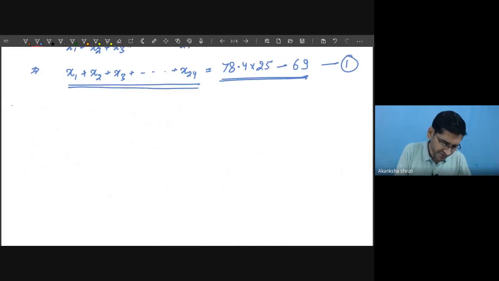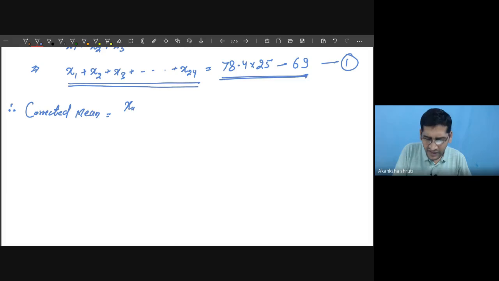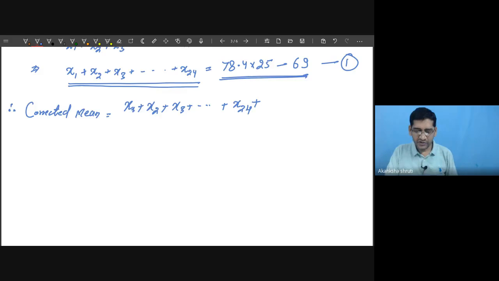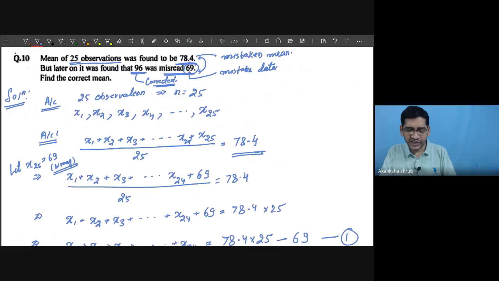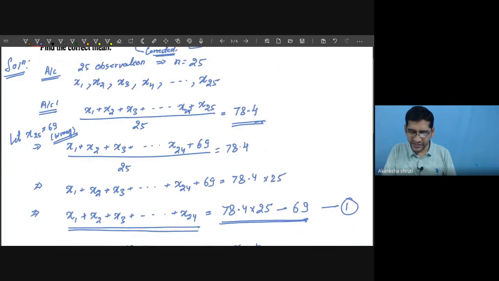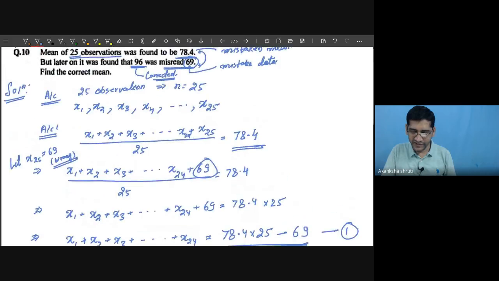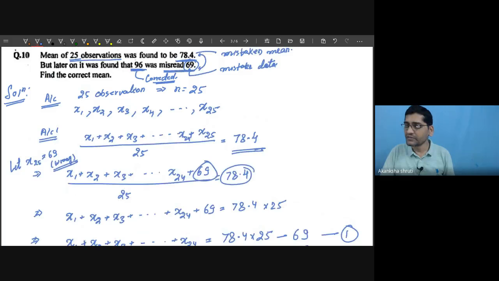So write the corrected mean is equal to how much? x1, x2, x3, go on adding up to x24, but now the last one we are taking as the corrected 96 in place of 69, which was giving the wrong mean.